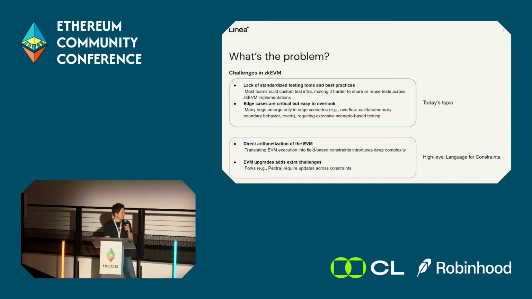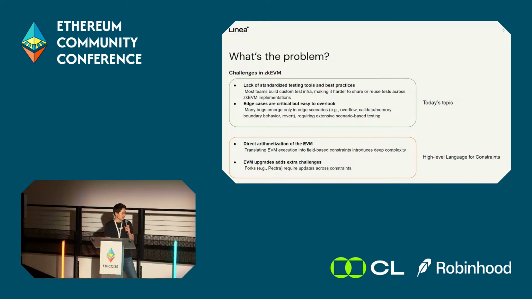So the biggest problem here is that we have many challenges in building zkEVM. One of the problems is that we lack standardized testing tools and best practices. No one shared how they test zkEVM when they build or implement their constraints and also their prover, because most teams have internal custom test infra and they never share it.